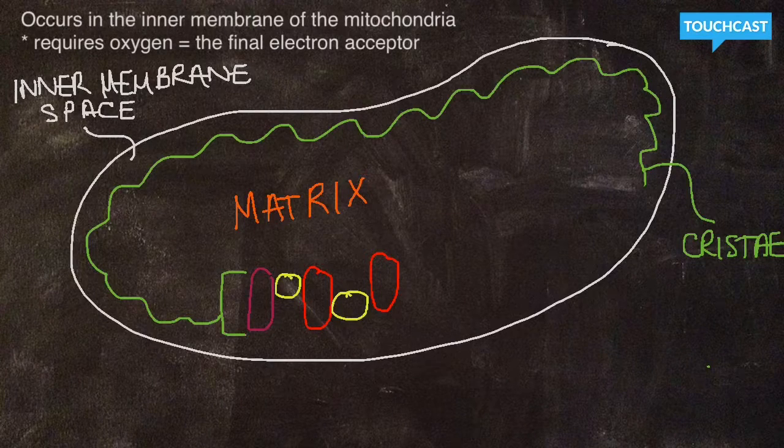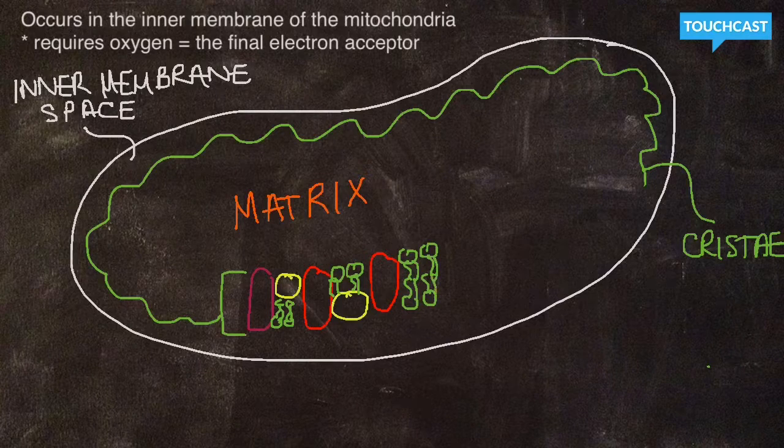Okay, so now I'm going to go in and fill in the lipid membrane here. Okay, and now because we're going to be making a whole bunch of ATP, we need to add in a molecule of ATP synthase.